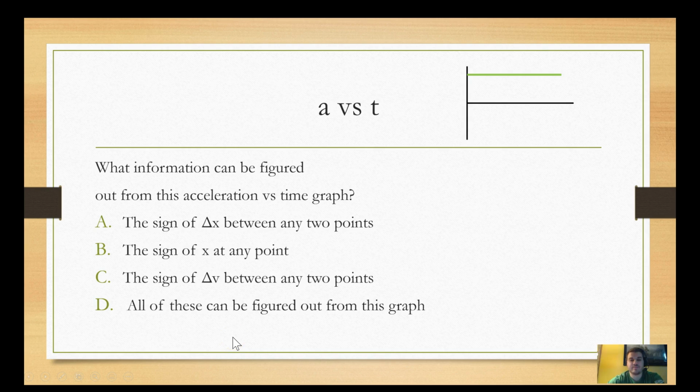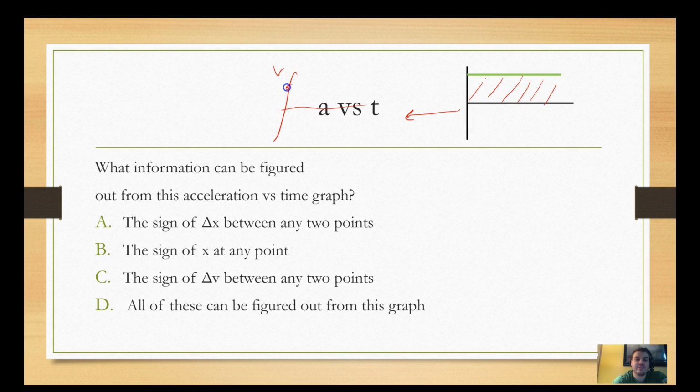Final check here. What information can we determine from an acceleration versus time graph? Remember, an acceleration versus time graph can only let us go back one step, and even then it's with limited information. All we can find for a velocity versus time graph is, with this area, what is our change in velocity.